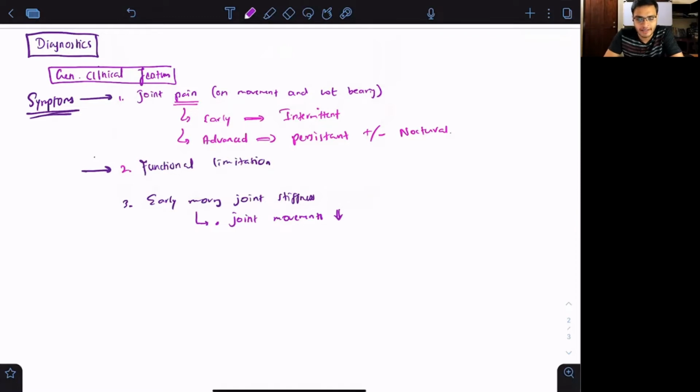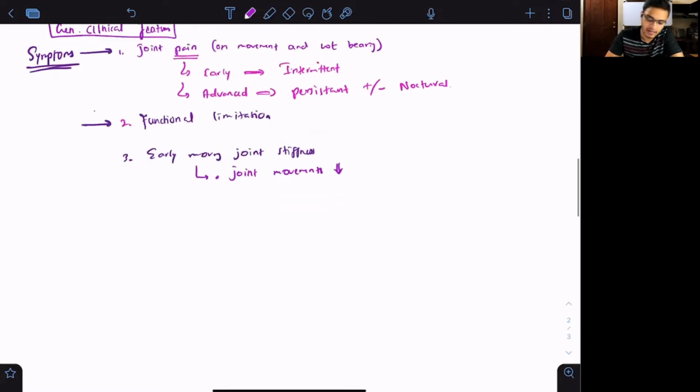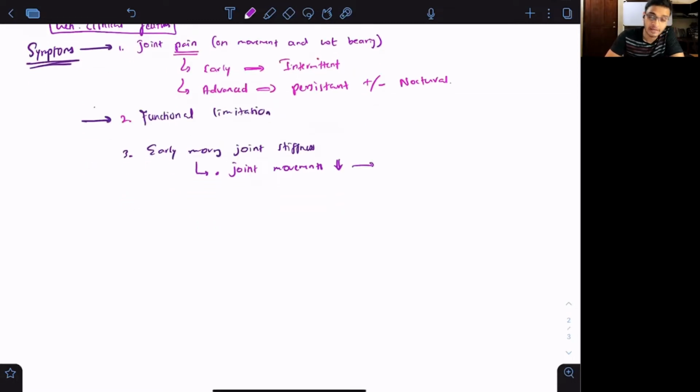Therefore, what do you all think happens to the lymphatic function in the synovium? You all know the synovium has a good vascular supply, a good neuronal supply, and it also has a lymphatic supply.